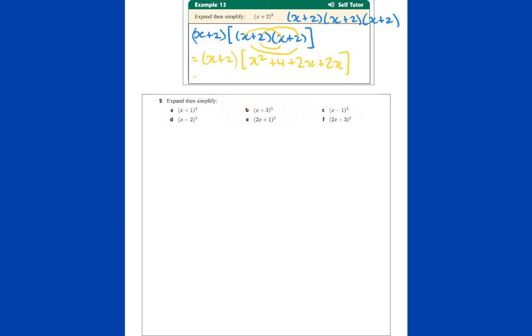And then we need to simplify and then multiply again. So we've got x squared plus 4x plus 4 and now everything needs to be multiplied by this.